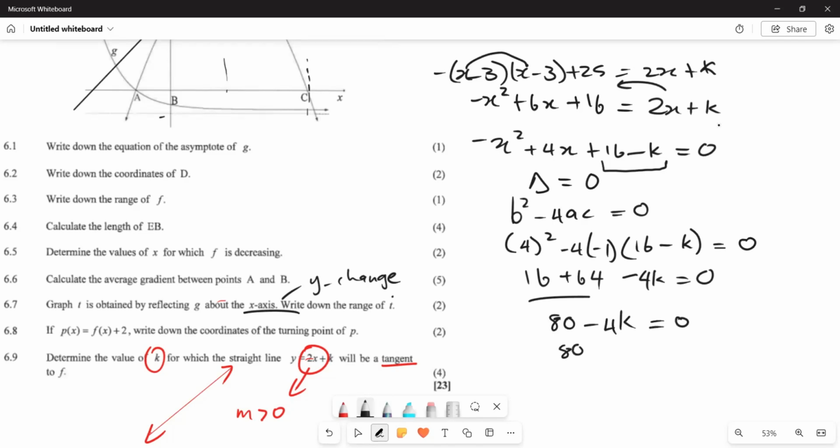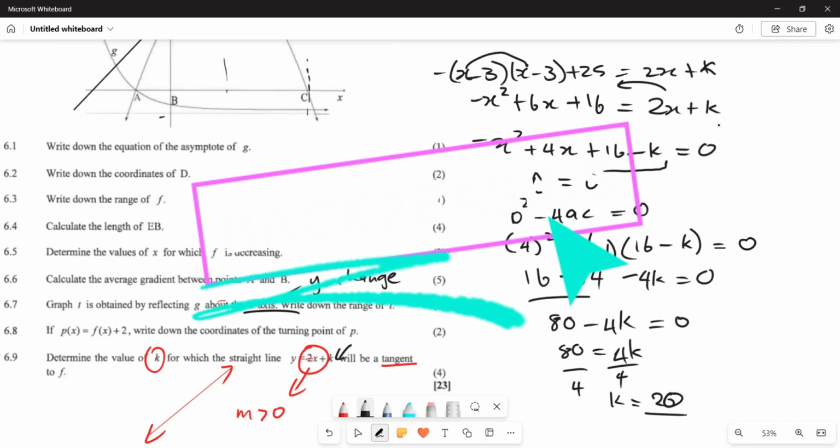So therefore, 80 is equal to 4k. Then you divide by 4, which means the value of k is going to be equal to 20. So the value of k that you are looking for is 20. Basically, this is as far as this question is concerned. Hopefully, this will make sense to you, and thank you very much.